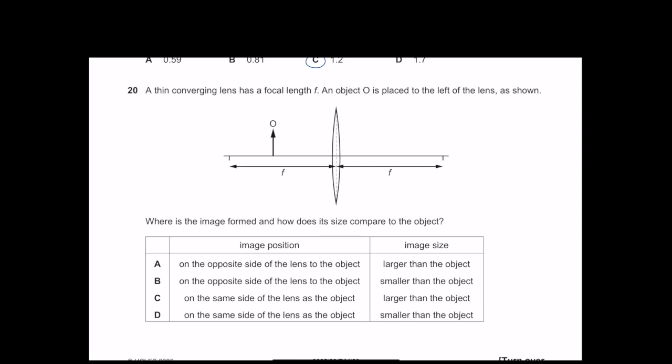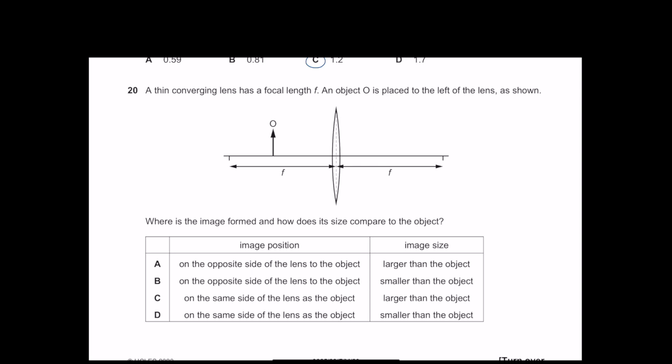Then in question 20, a thin converging lens has a focal length f and object O is placed to the left of the lens as shown. Fine. Where is the image formed and how does its size compare to the object?